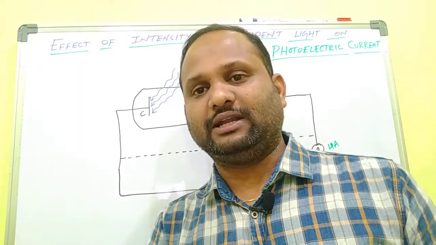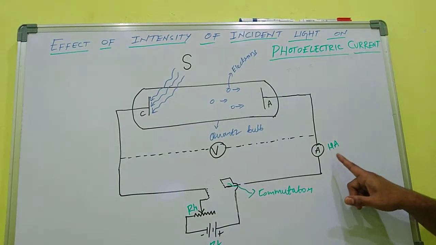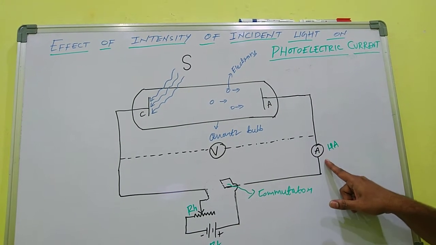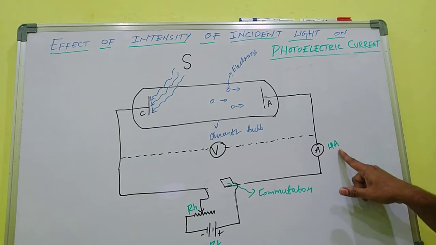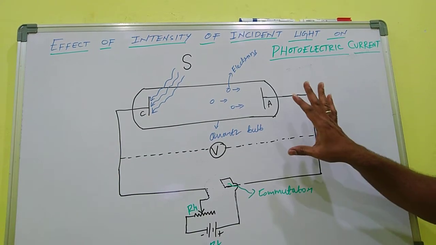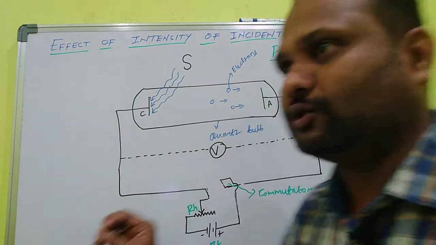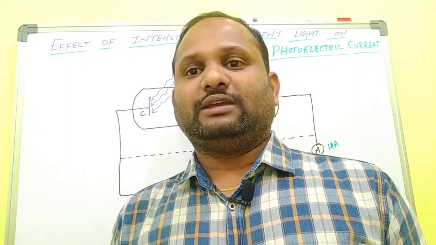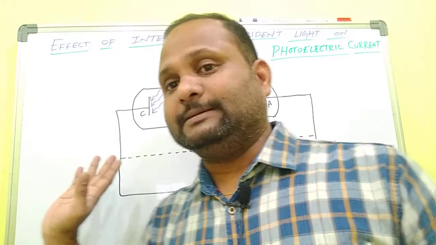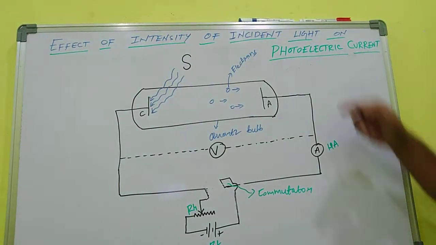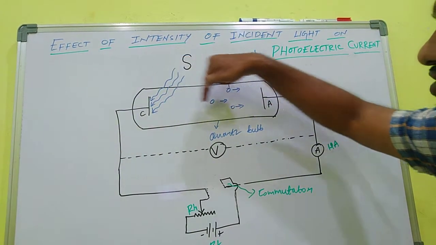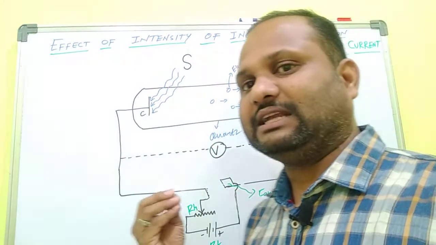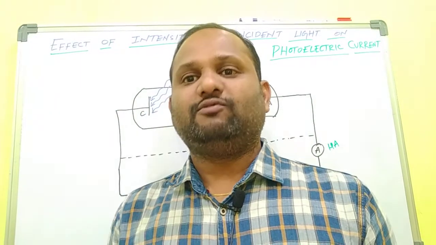That current is called photoelectric current, which is measured with the help of the ammeter. It is measured in microamperes because the amount of current produced during photoelectric emission is very small. What is really happening here is that the electromagnetic wave is incident, photoelectrons are emitted, and current is produced. That effect is called the photoelectric effect.